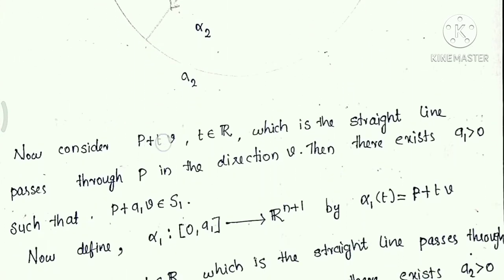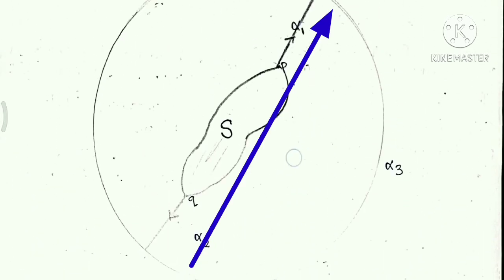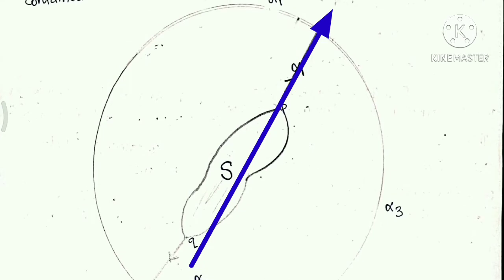Now consider the straight line P plus TV, where T belongs to R, and this is a straight line which passes through the point P in the direction of V. And here we can see that when we move along this straight line, it touches the sphere at a particular point.